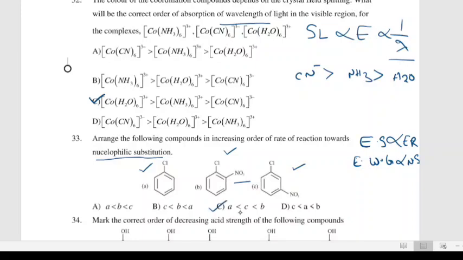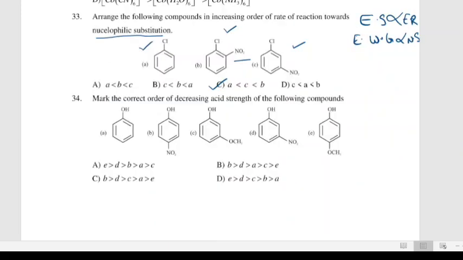Next one. Mark the following order of decreasing acidic strength of the following. They have given different substituted phenols here. So this is nitro group, methoxy group, nitro group and methoxy group. They are asking for the acidic strength, right?